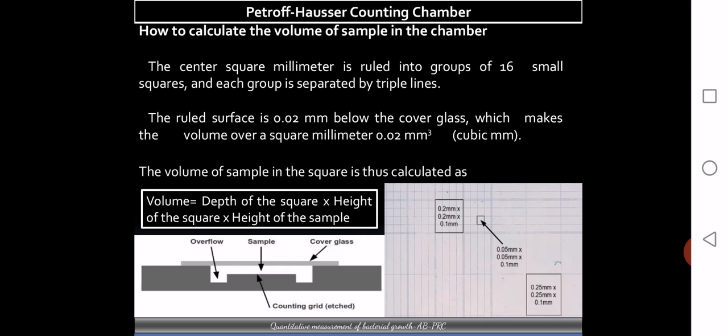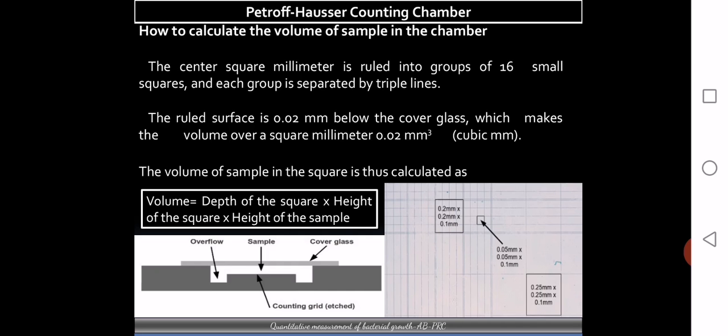After counting the number of bacteria in a particular area, and calculating the volume present in that area, we can correlate this to the number of bacteria present in the original sample, or per ml.